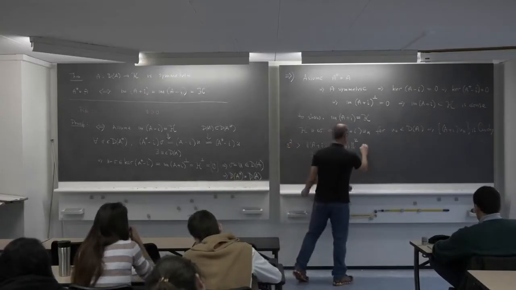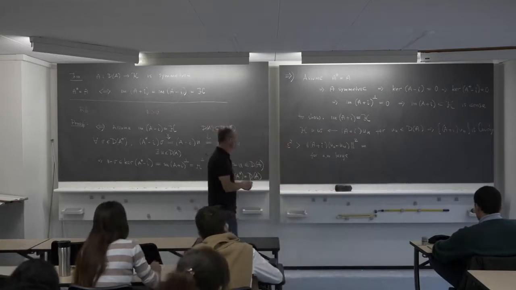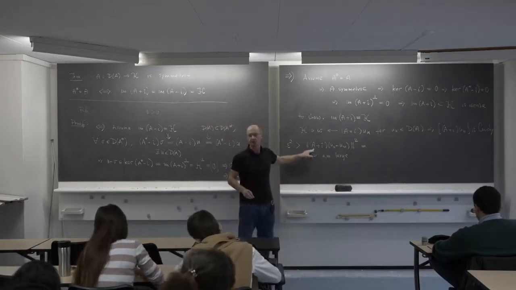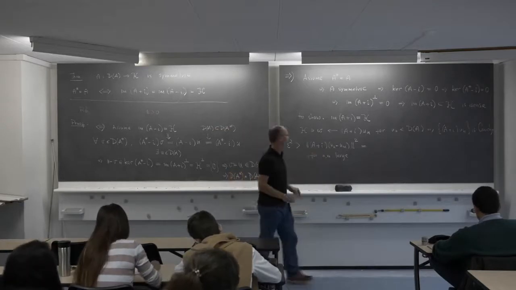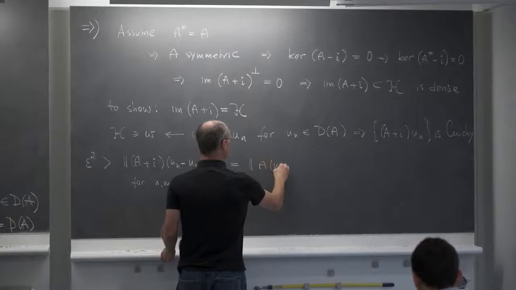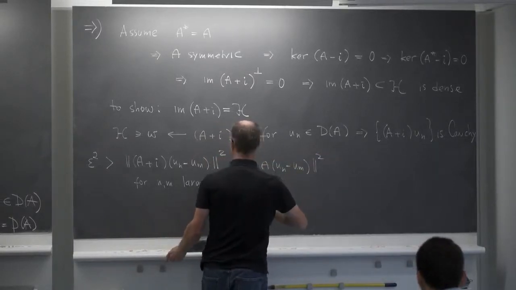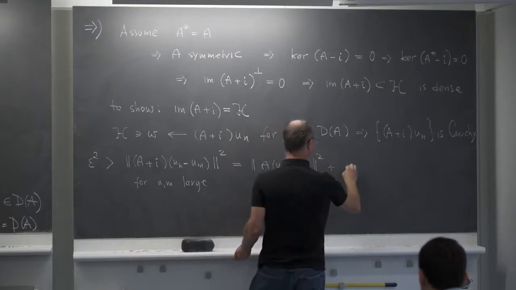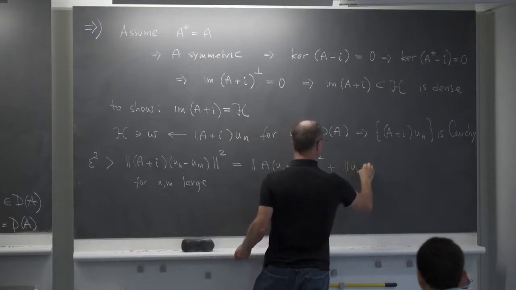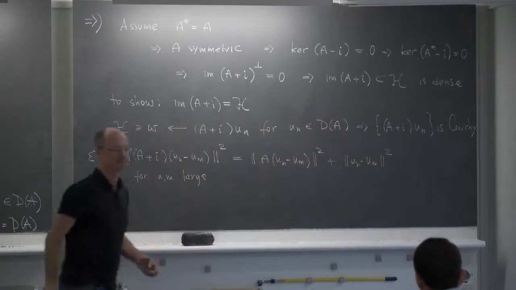Now let's use the small proposition that I proved before, right? So actually this thing, I can rewrite it as the norm of A(un minus um) squared plus the norm of (un minus um) squared.